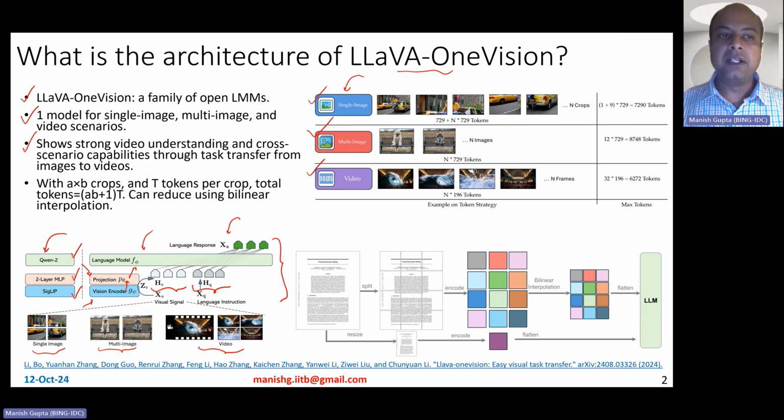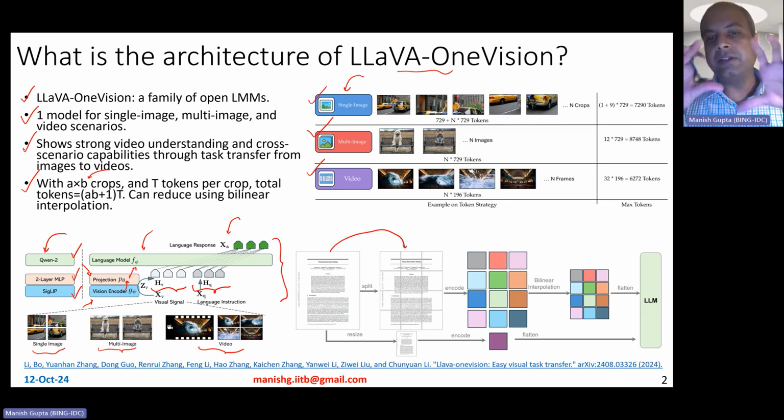Okay. Now, to come up with tokens or representations for images, they split the image such that you end up with A cross B crops, A being the height and B being the width. And then you represent each of those crops, each of those tiles. So you take the original image and split it.